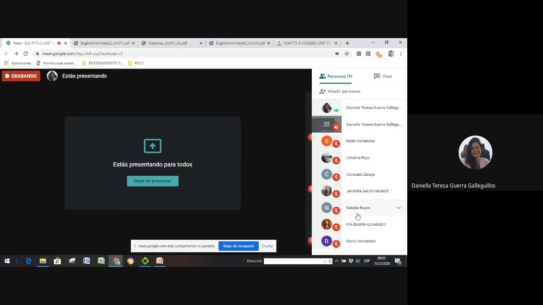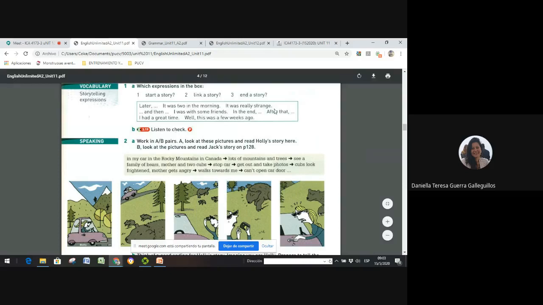Picture 4, Natalia. And picture 5, Pia and Rocío. I will repeat. Picture 1, Belén and Catalina. Picture 2, Consuelo. 3, Javiera. 4, Natalia. And 5, you finish the story with Pia and Rocío. Can we try?